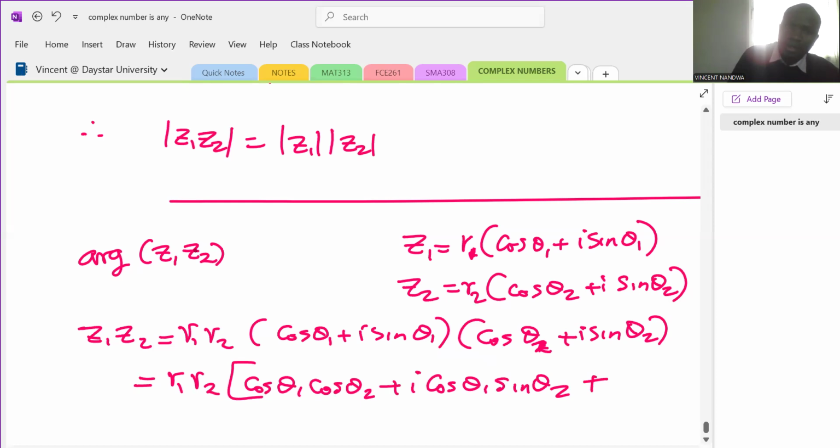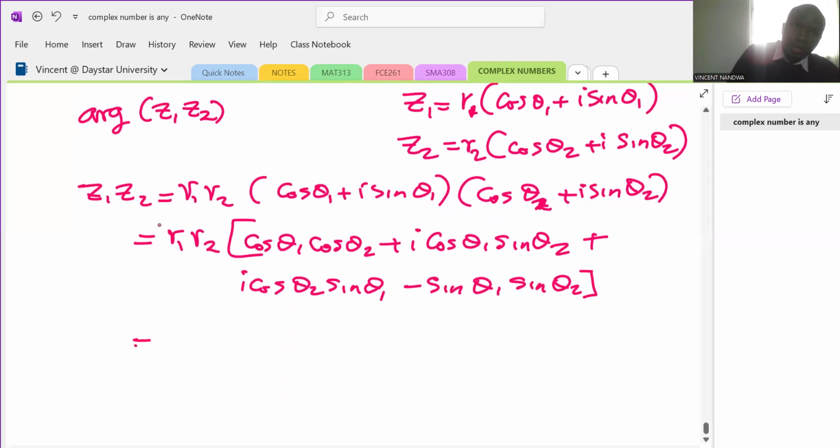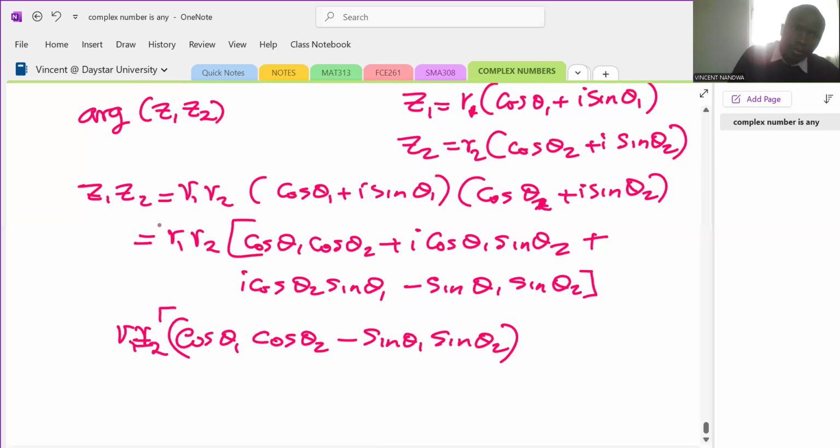And then this by this will be plus i cos theta 2 sin theta 1. i times i is negative 1, so minus sin theta 1 sin theta 2. So collecting real terms, we'll have cos theta 1 cos theta 2 minus sin theta 1 sin theta 2. So this will be the real part, times R1 R2.